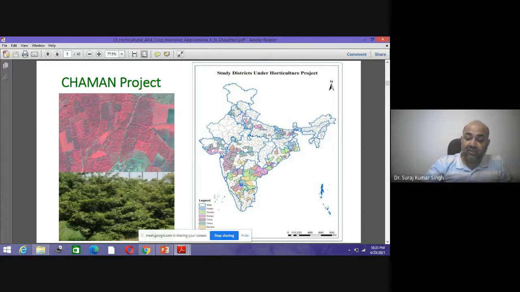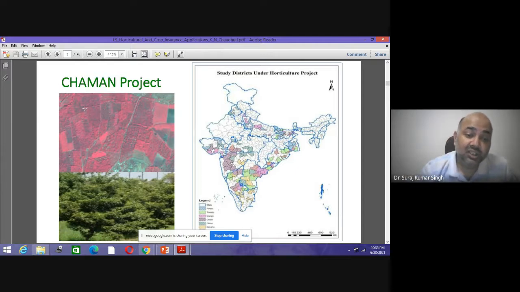You can see in the satellite images the different kinds of vegetation or different kinds of crop cultivation, because each and every crop has a different spectral response, different spectral characteristics, a different canopy cover, and on the basis of that each and every crop behaves differently.